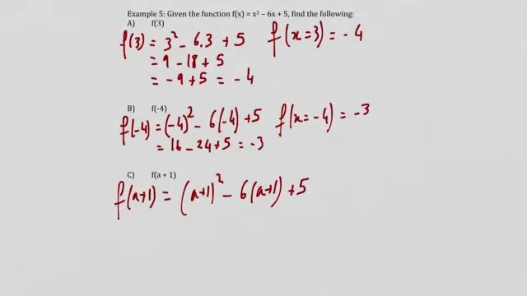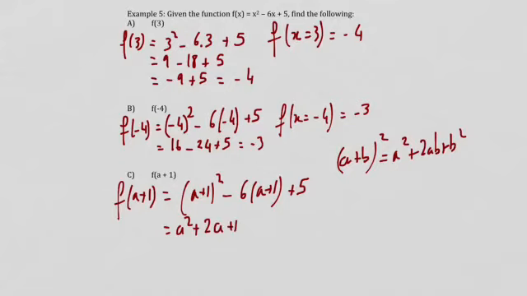I would suggest that you need to know your perfect square. Like if you have a plus b squared, it's supposed to be a squared plus 2ab plus b squared. So in that case, I'm getting a plus 1 squared, so I'm getting a squared plus 2 times a by 1, which is 2a, plus 1 squared, minus 6a minus 6 plus 5.